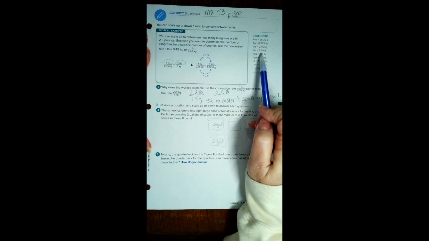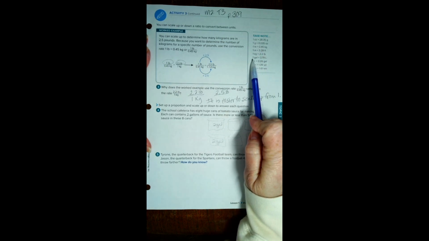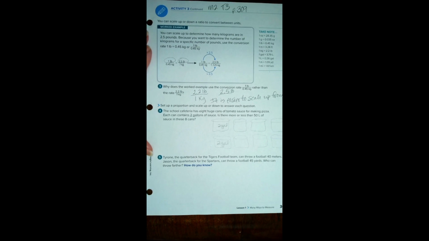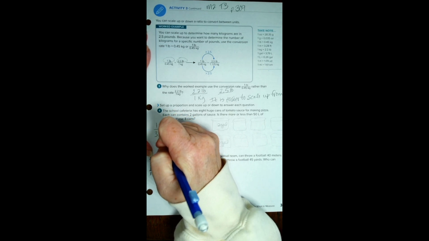Now, over here on our conversion chart, we know 1 gallon is about 3.79 liters. See that right here, 1 gallon, 3.79 liters. So that's what I know to be true: 1 gallon is approximately 3.79 liters.